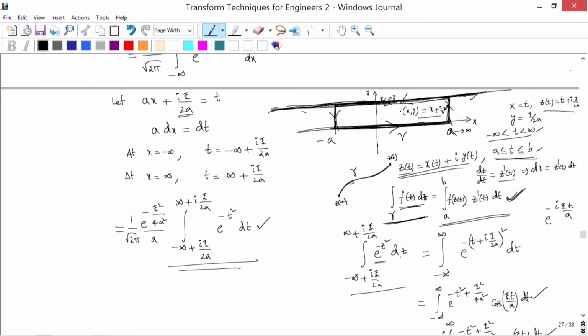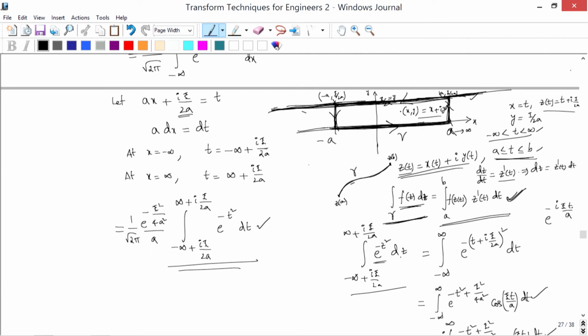So, minus a to a, and here a comma xi by 2a, and this point is minus a comma xi by 2a. So, eventually when you allow a to go to infinity, this piece will become minus infinity plus i xi by 2a to plus infinity plus i xi by 2a. This piece becomes, as a goes to infinity, minus infinity to infinity, okay.